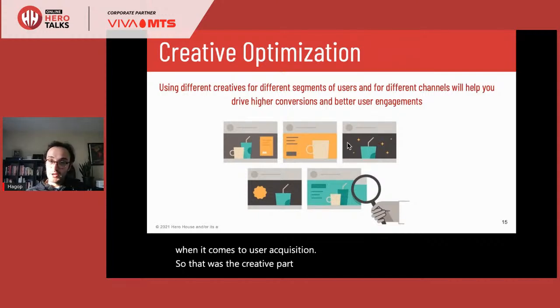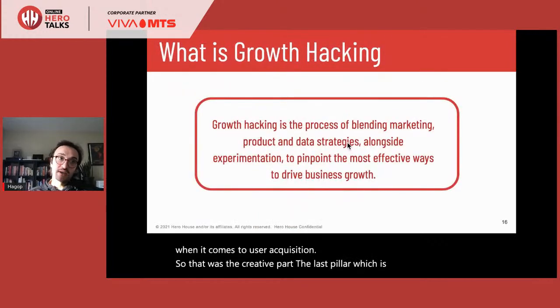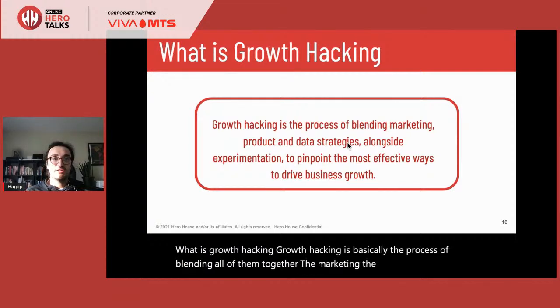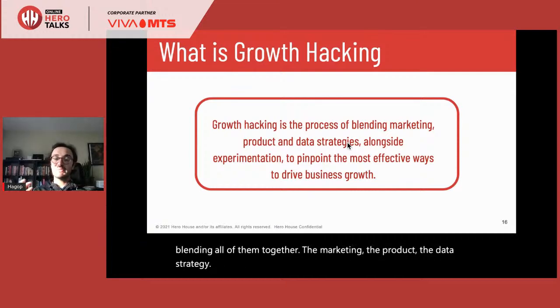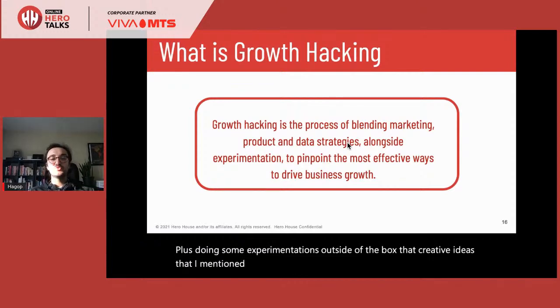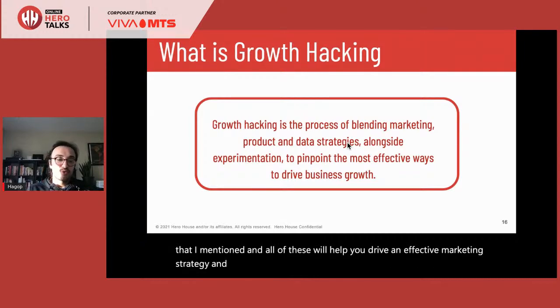The last pillar is growth hacking. What is growth hacking? Growth hacking is basically the process of blending all of them together, the marketing, the product, the data strategy, plus doing some experimentation outside of the box, those creative ideas that I mentioned, and all of these will help you drive an effective marketing strategy and execution that will drive your business forward.